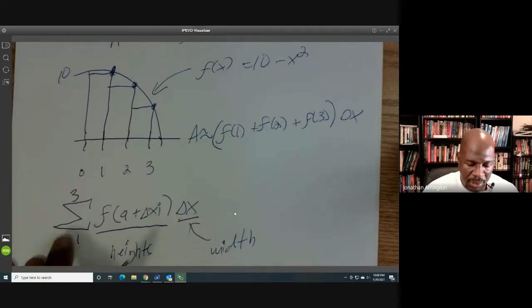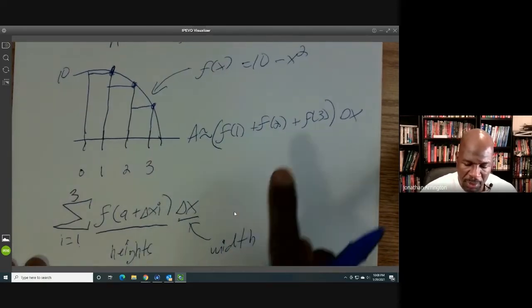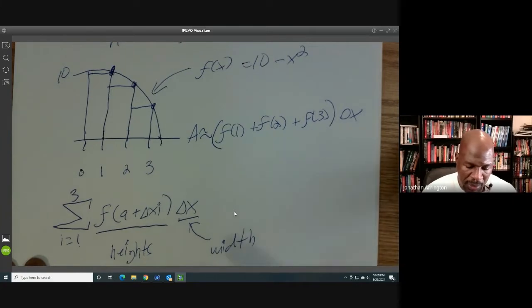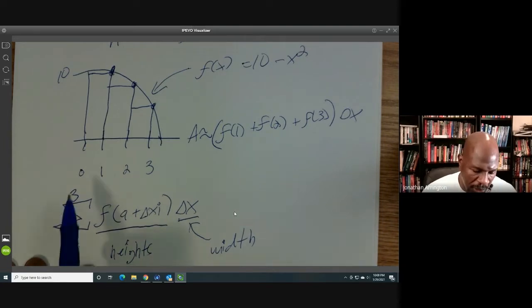And so this summation, again, f of 1 and f of 2 and f of 3, here I'm evaluating a function at a plus delta x i. So in this case, delta x is 1, and i are just integers from 1 to 3.